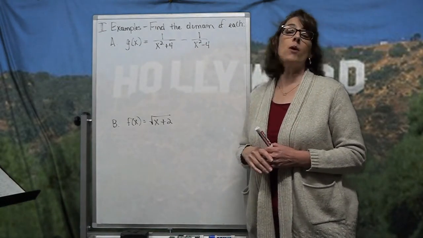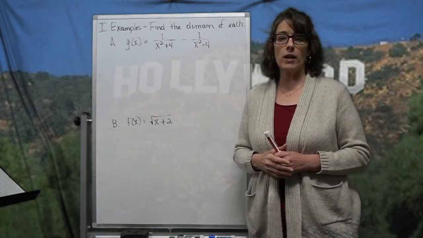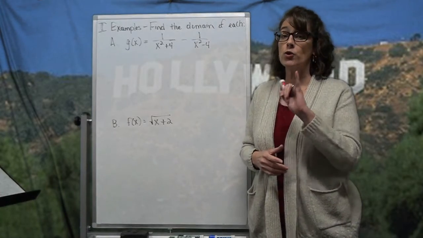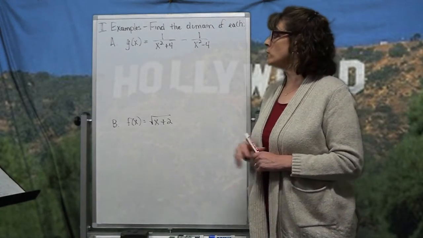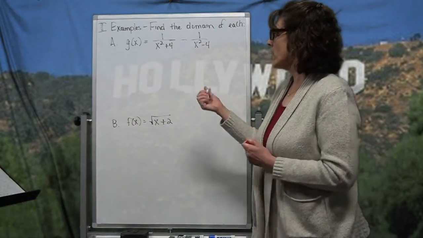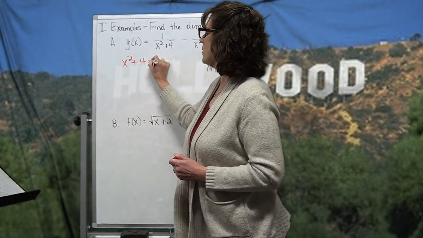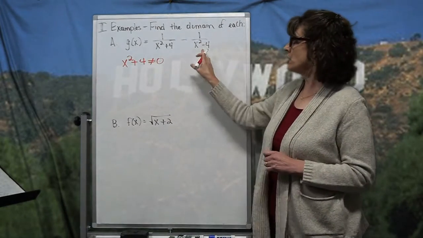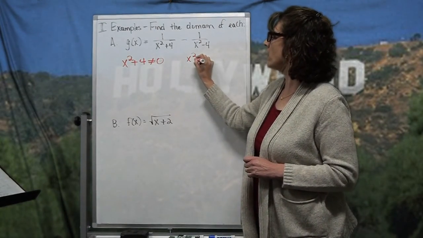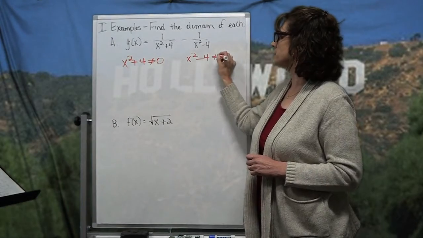Now in this case, I don't have any square roots, so I'm not worried about creating negatives underneath the square root, but I certainly have fractions. So I want to ensure that that denominator does not end up as a 0. That x squared plus 4 had better not be a 0. In addition, this denominator as well had better not be a 0.